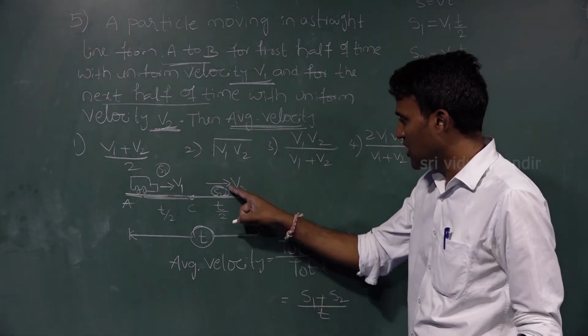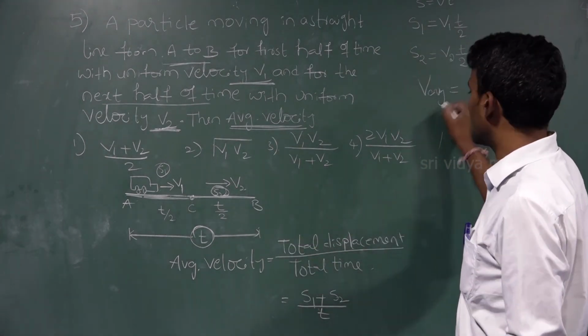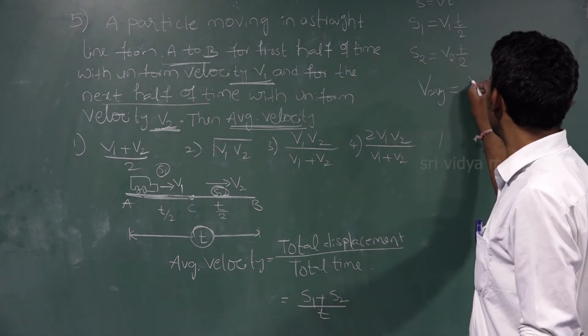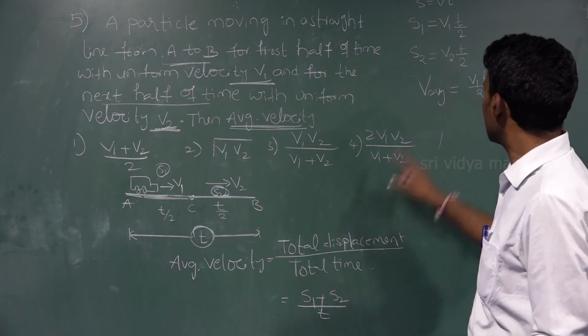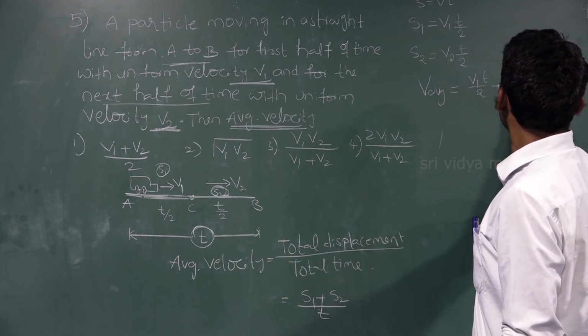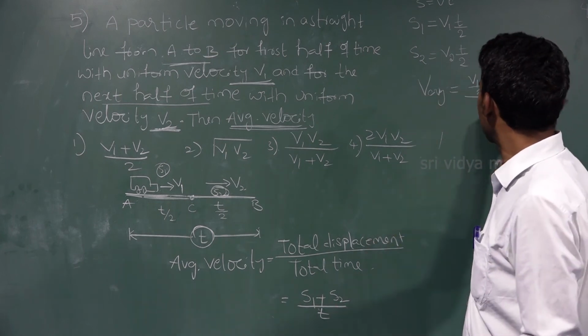So substitute those values here. Average velocity is equal to S1, meaning v1 t by 2, plus S2, meaning v2 t by 2, all divided by time t.